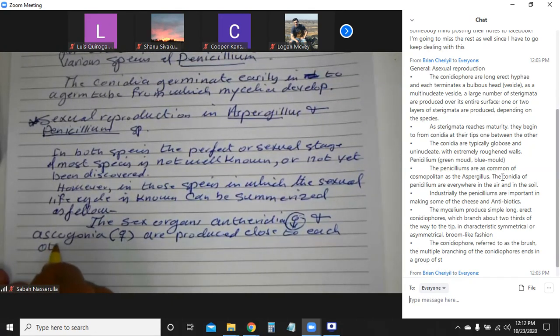And of course, both of these hyphae, don't forget, are multinucleate as a characteristic of the organism.